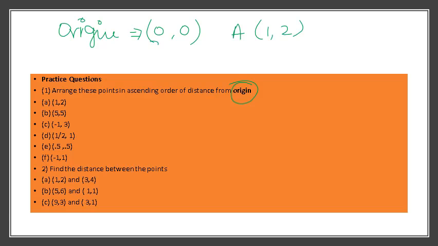This is my x1, y1, and this is my x2, y2. It is very easy to know that OA is equal to under root 1 minus 0 the whole square, that is 1 square, plus 2 minus 0 the whole square, that is 2 square. That gives you the result as root 5.